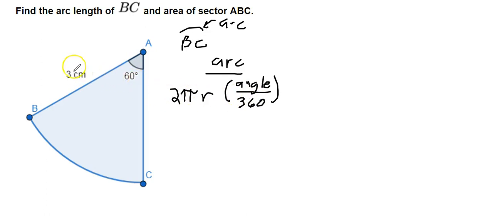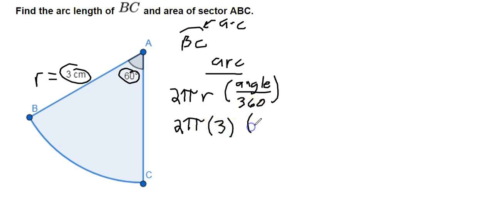Right here, our radius is 3 centimeters. And our angle right here is 60 degrees. So that simply becomes 2 times pi times 3 times 60 over 360. 2 times 3 is 6, times 60 gives us pi times 360 over 360.